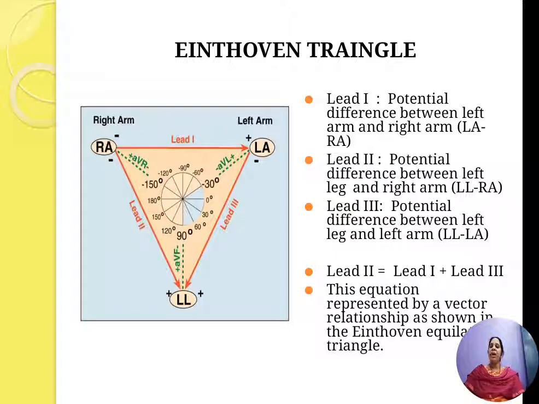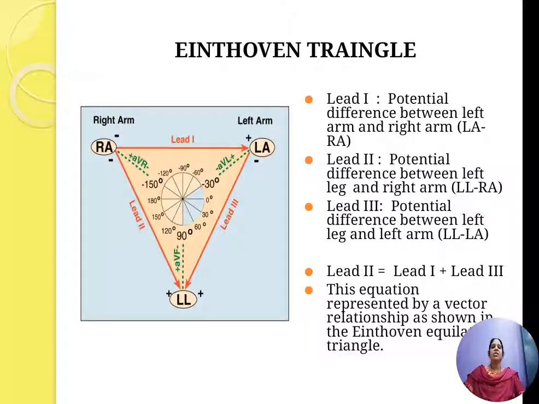According to this triangle, in the frontal plane of the body, the cardiac electric field vector is two-dimensional. So the ECG measured from any one of the three limb leads is a time variant single dimensional component of that vector.